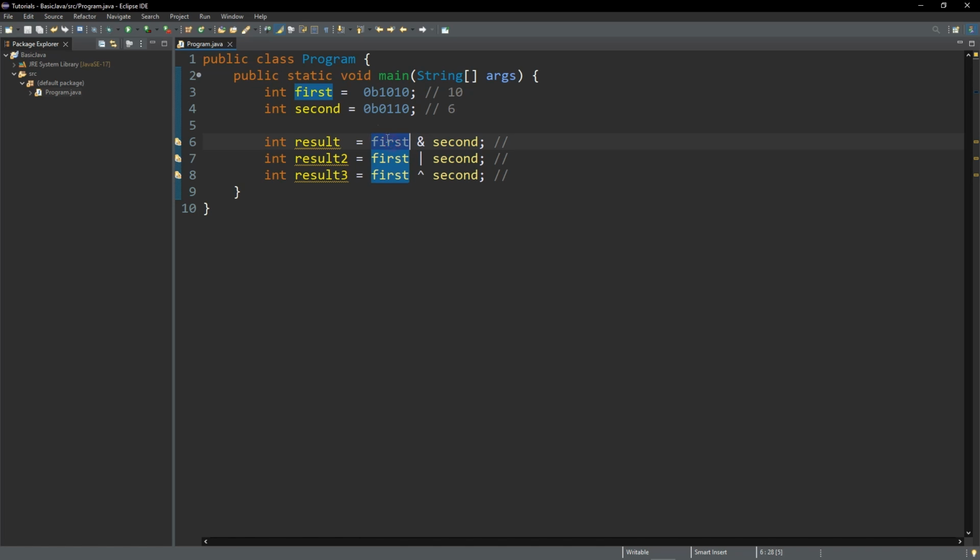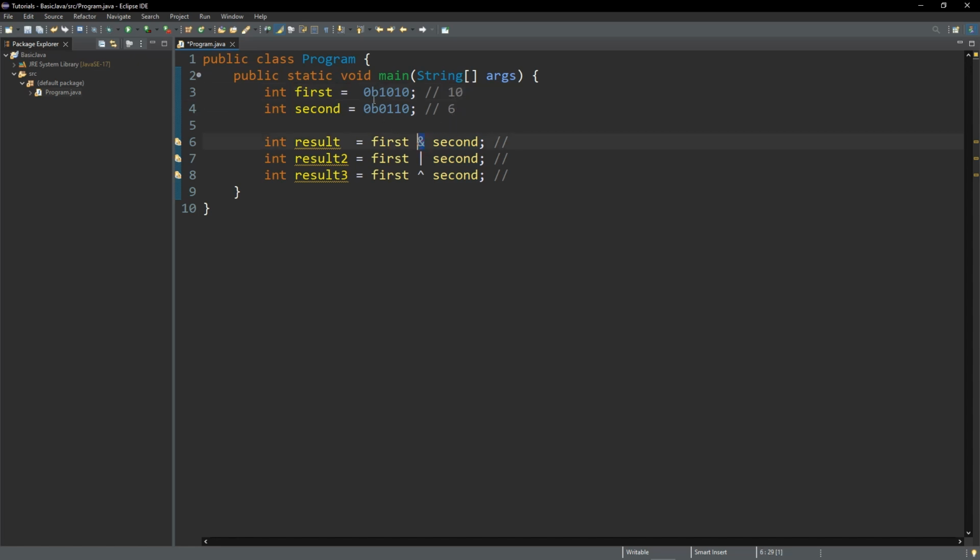What this is going to do is take this first number and compare it to the second number and give us the result based on the AND. I lined this up so that we can compare it equally. I didn't do a full byte, I just did what is the vocab word for a nibble. Technically, it's doing this, but I'm just excluding the prefix zeros.